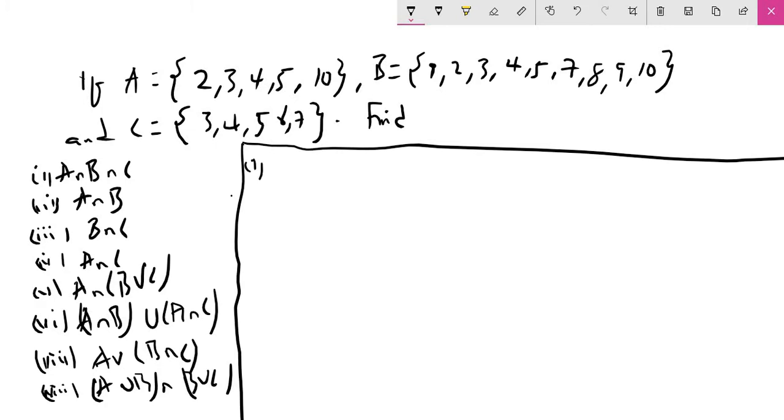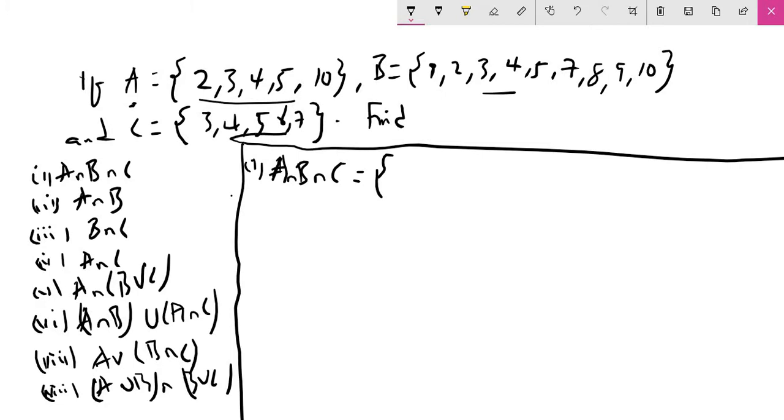So first is A intersection B intersection C. This means we should write out the sets of elements that are common in A, B, and C. So we should be able to find the elements in all 3 sets.